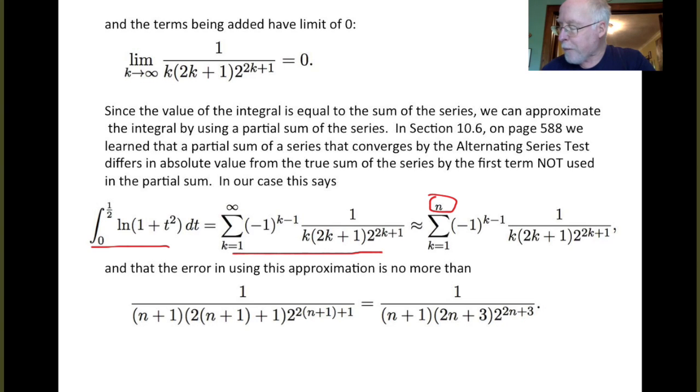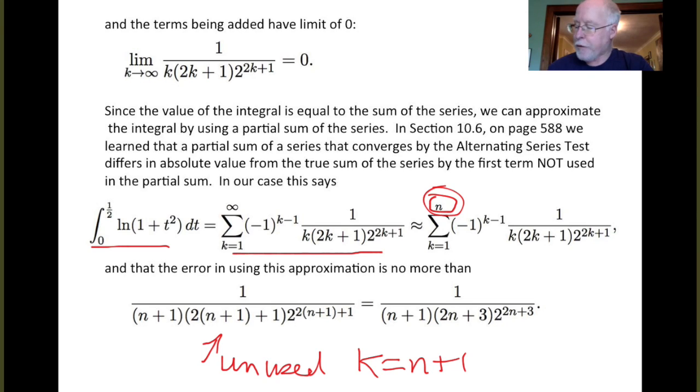So if the last term I used is n, the first unused term happens when k is n plus 1. The last used term was n. The first unused term is n plus 1. So I take this term of the series, I put in n plus 1 for k, and we get that, which simplifies to this form there.